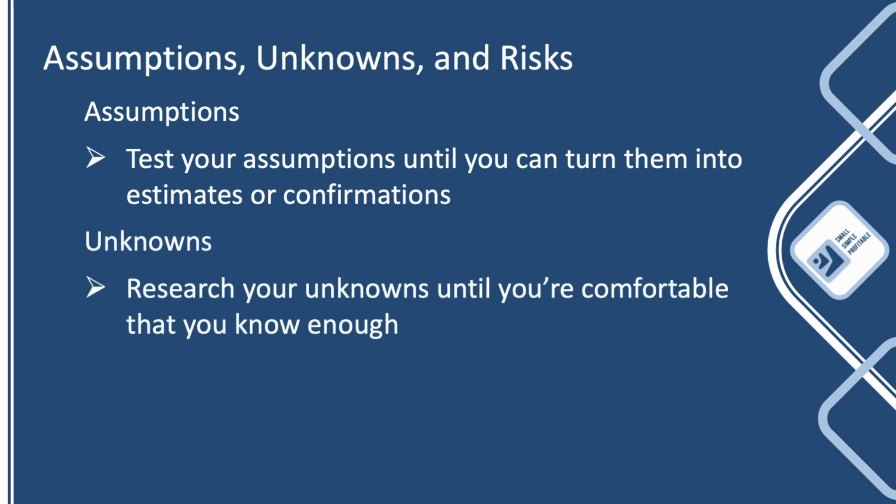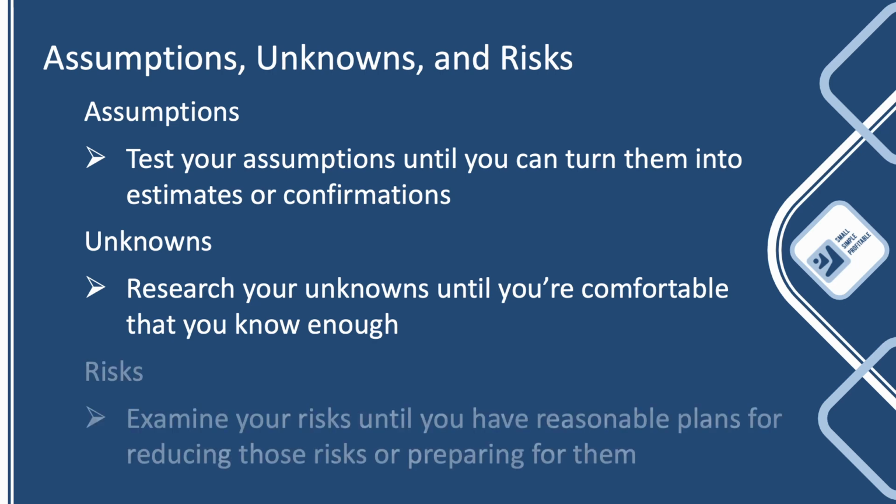Now let's look at unknowns. Unknowns are areas of your business idea where you just don't have enough information. Your goal with unknowns is to research them until you're comfortable that you know enough. When you have business unknowns, you don't need perfect knowledge, just adequate knowledge. Finally, let's look at risks.